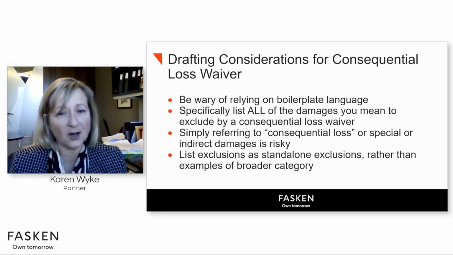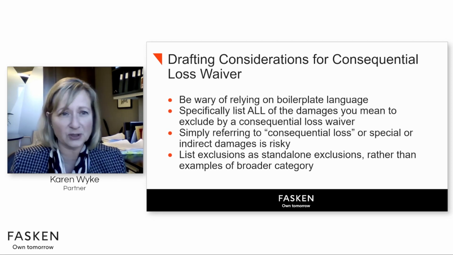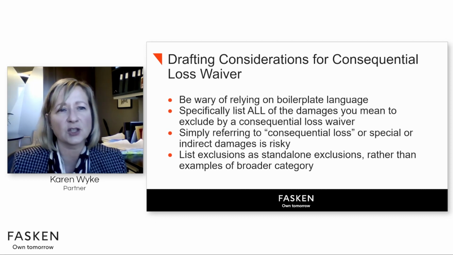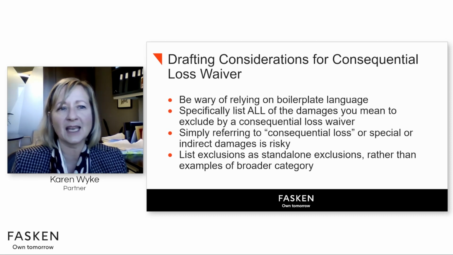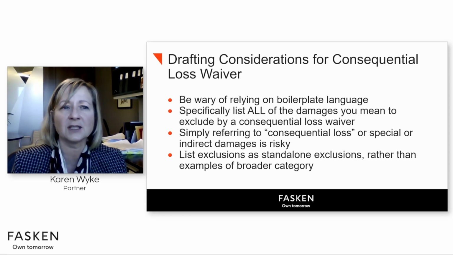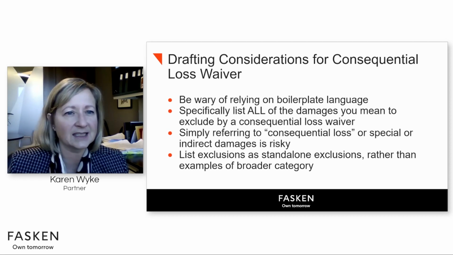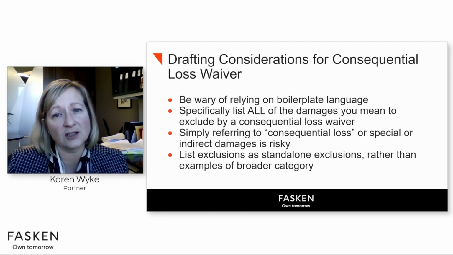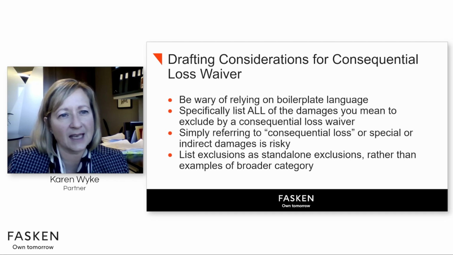So, all the things that could be included are punitive, aggravated, exemplary, loss of revenue, loss of profit, loss of earning, loss of production, anything you can possibly think of. I would specify that in your consequential loss waiver. Simply referring to consequential loss or indirect damages is risky. And when you list your exclusions, don't use them as an example of the broader category, specifically list them.